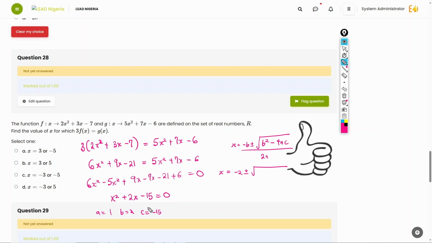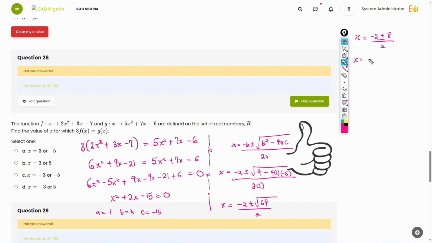So x becomes minus 2 plus or minus the square root of 64, over 2, which is minus 2 plus or minus 8 over 2.